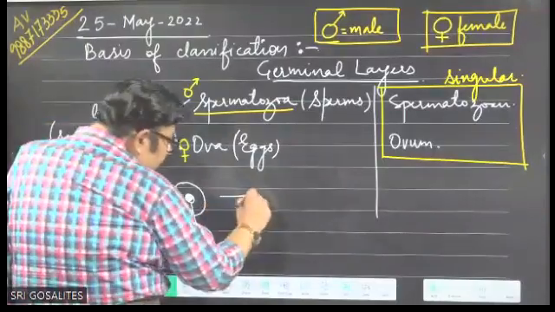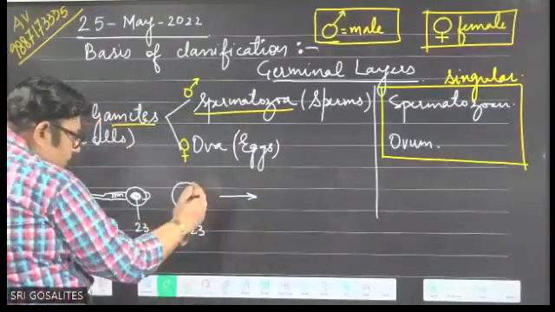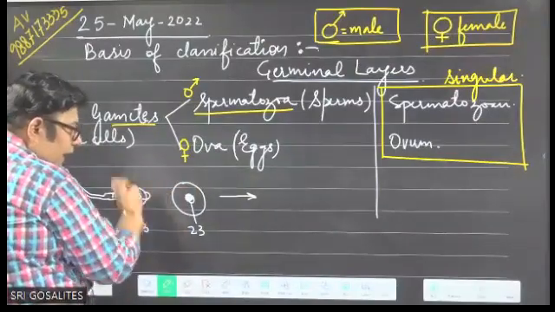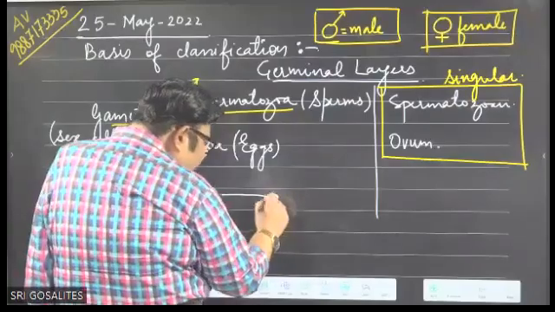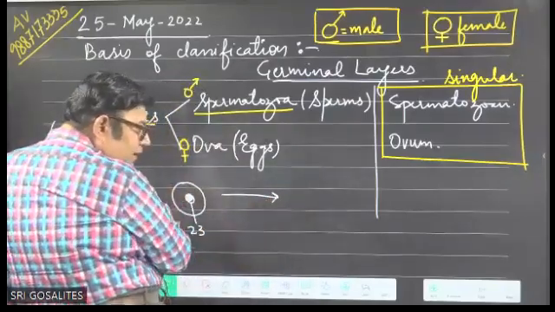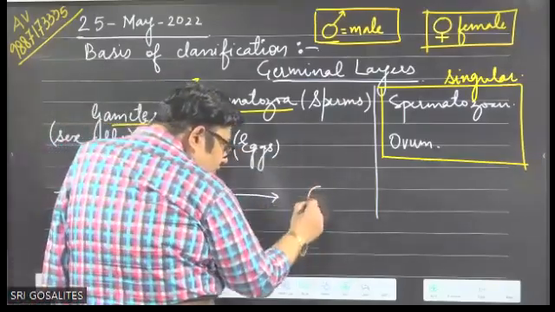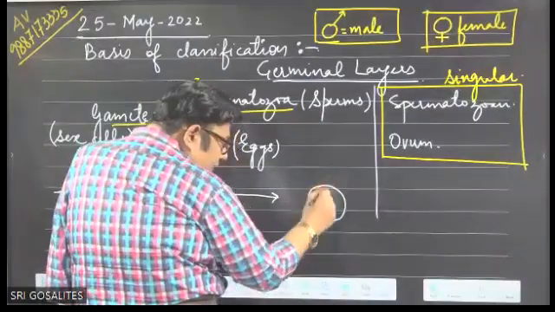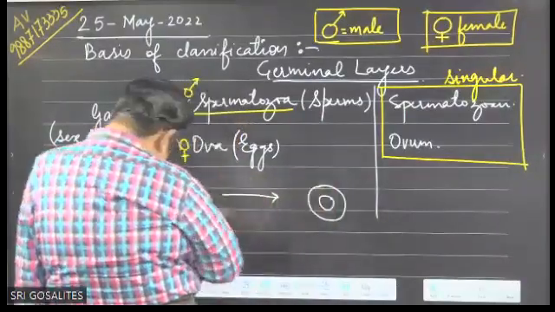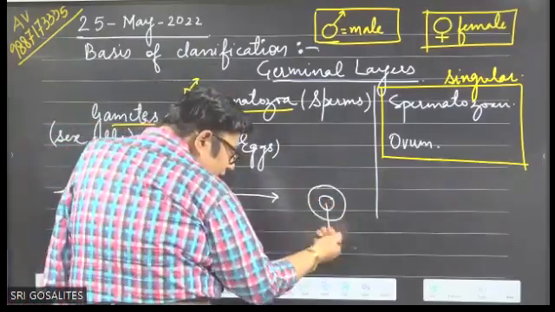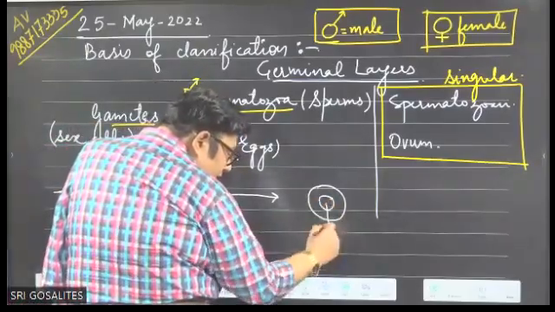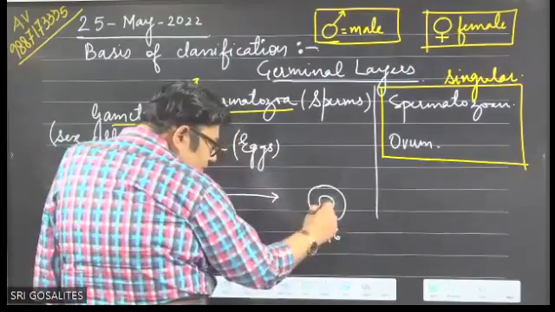So to make an organism like us, both have to fuse together. That's what happens during sexual reproduction. During sexual reproduction, both these gametes are fused. And when they are fused, they form a cell, the beginning of life, where the 23 are joined together. And here we now have how many in total? 46 chromosomes.